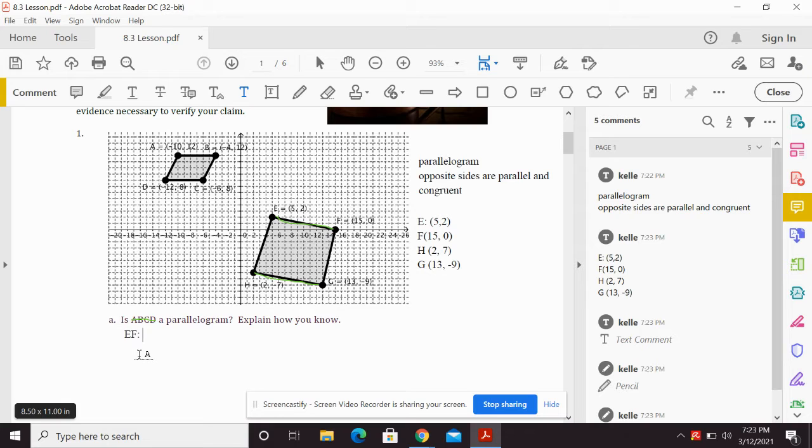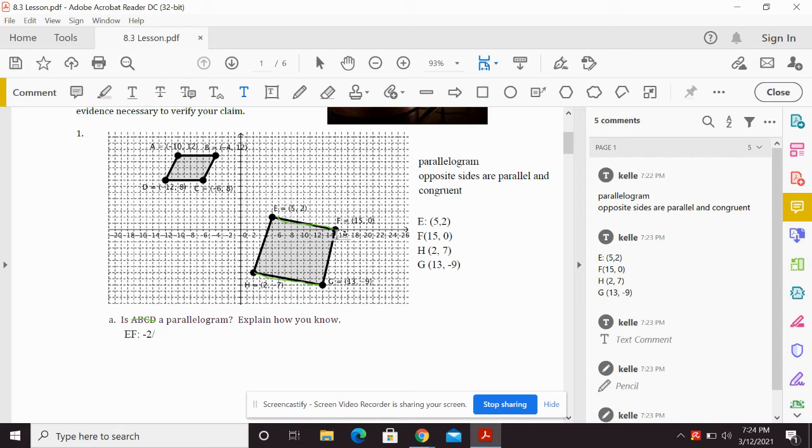So, is EF parallel to HG? So EF, what is the slope of EF? Okay, well my change in Y, I'm going from E to F. So my change in Y goes from 2 to 0. So my change in Y is negative 2 over my change in X, which is 5 to 15.